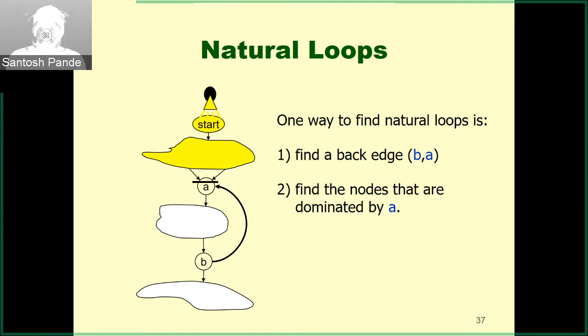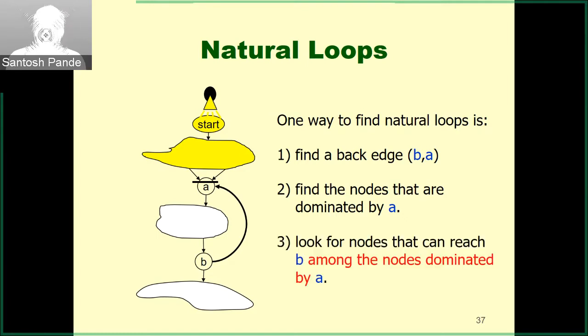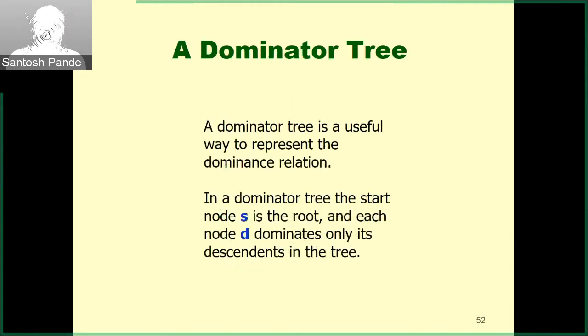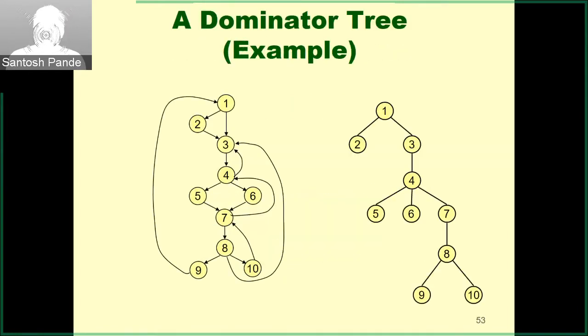Because if you look at this dominator tree, let's go forward again a little bit and see what all it's showing. It shows which are the nodes which are dominated by a given node. So for example, look at this dominator tree rooted at 4. So 4 is dominating 5, 6, 7. 7 is in turn dominating 8.